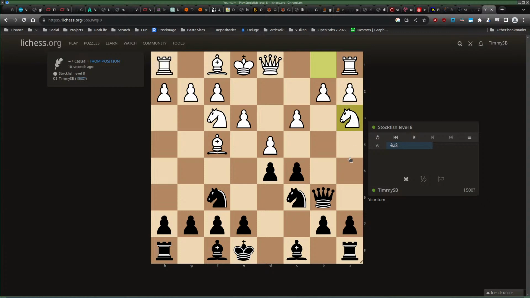No. Yeah, I should have probably stopped that from happening. Threaten to give check here, and I lose my rook, so now my rook has to move. Let's take this back. It's not a good move.